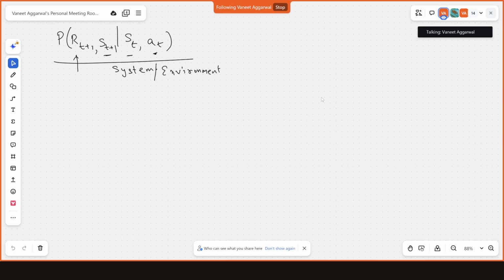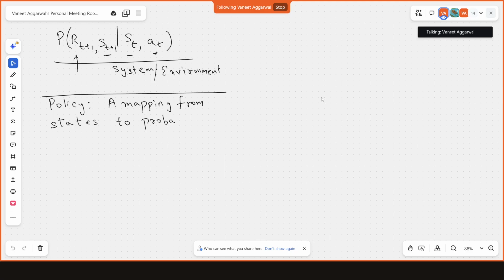Right. So the next concept is the policy. Policy is basically what does the decision maker, the agent, decide. So the policy is a mapping from the state to probabilities of selecting different actions.